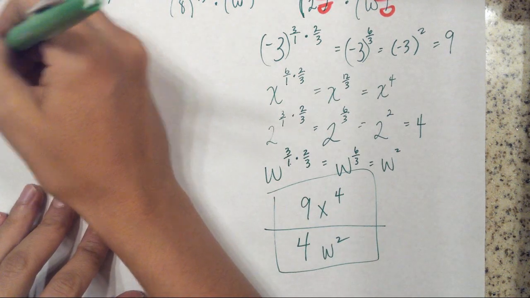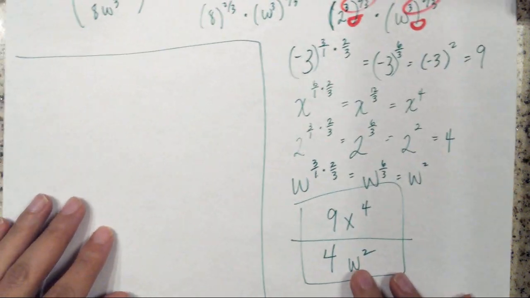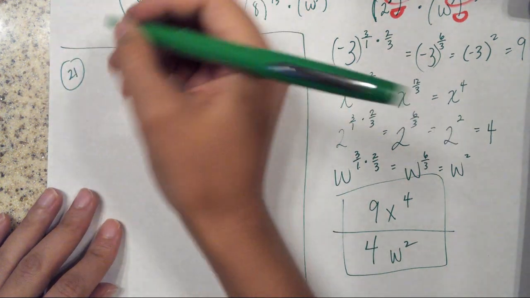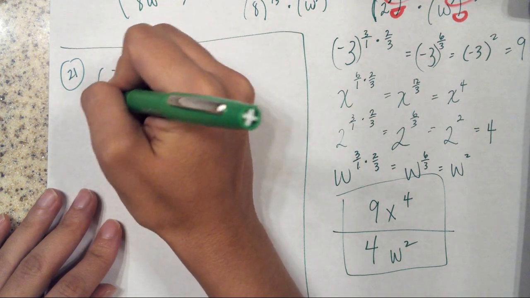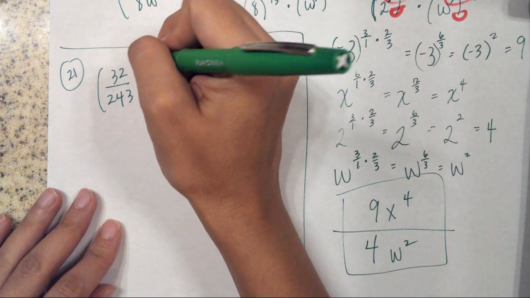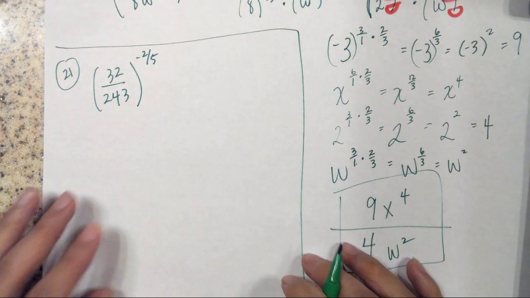Alright, let's do 21. So I'm going to do that one over here. So I have 32 over 243, raised to the negative 2/5.